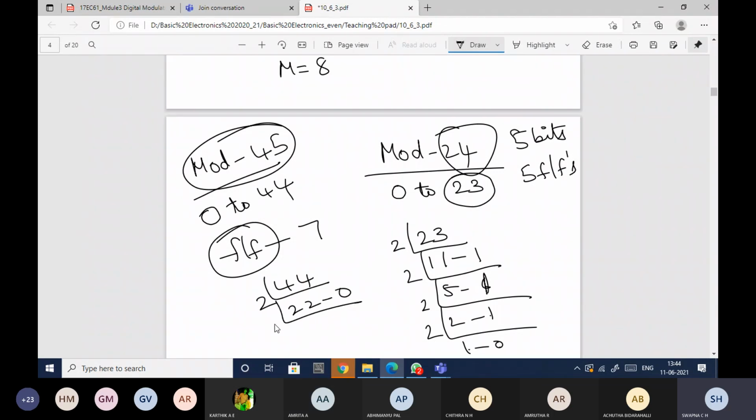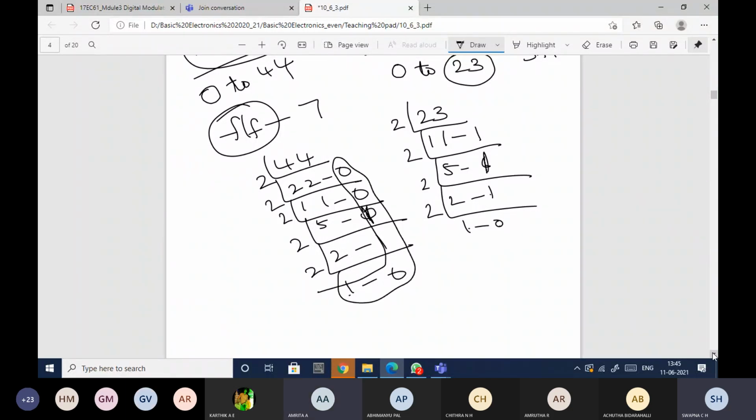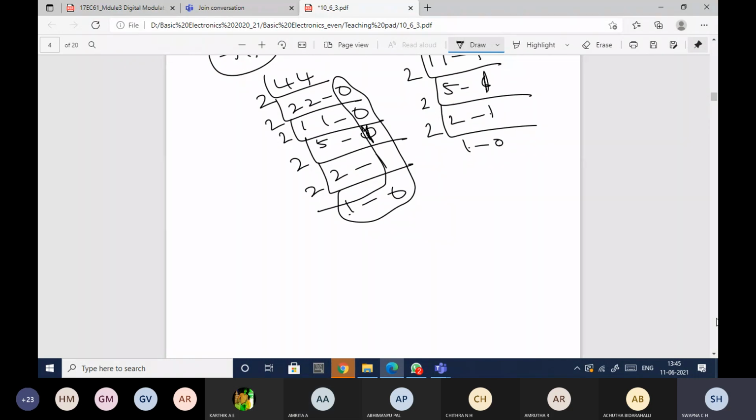So this is 0, 1, 1, 2 2s are 4, 2 1s are 2. 0, 1, 2, 3, 4, 5, 6 only, no? Yes, ma'am, 6. In the beginning, I made a mistake. Okay, so 6 flip-flops. So you understood the concept, right? So how to identify the number of flip-flops is clear, right?